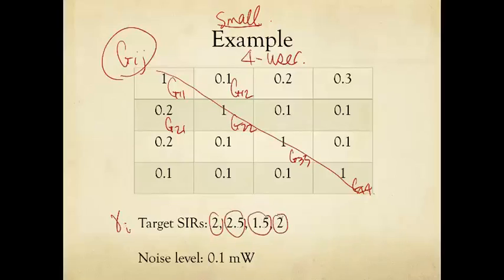It turns out this set of target SIRs is indeed achievable. And remember, the gammas are unitless numbers because it's a ratio. The noise levels, the Ni's, are all equal to 0.1 in units of milliwatts. So that's the set of constants.